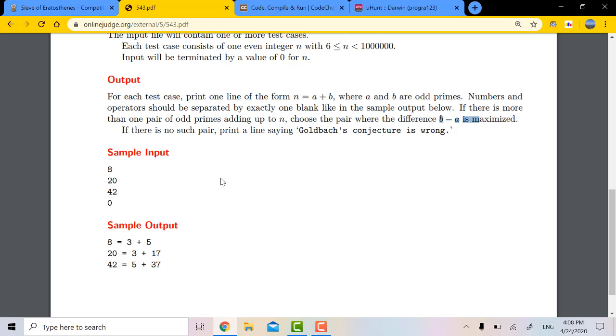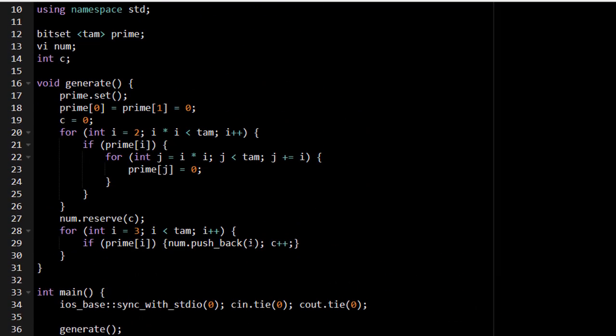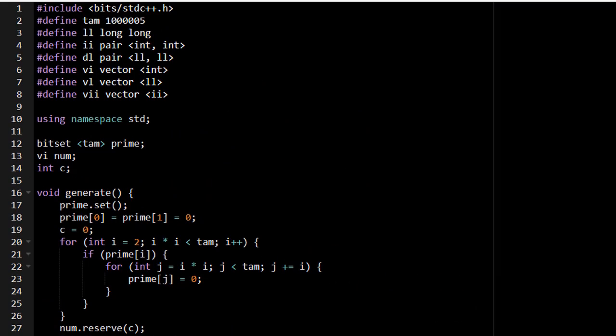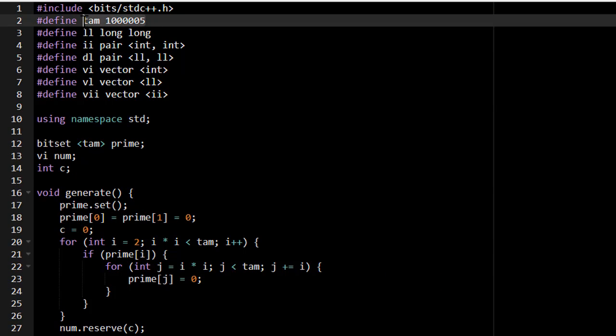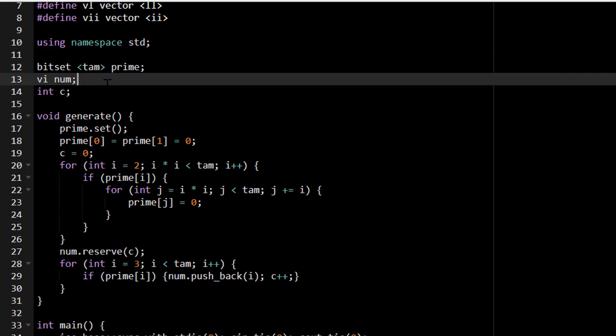As I told you before, we need to first find the prime numbers up to 1 million. So first, how are we going to generate all these prime numbers? Well, first of all, let's declare a constant that is gonna be 1,000,005, and we're going to declare a bitset of that size. The idea here is to simulate the work of Eratosthenes in order to find the prime numbers.